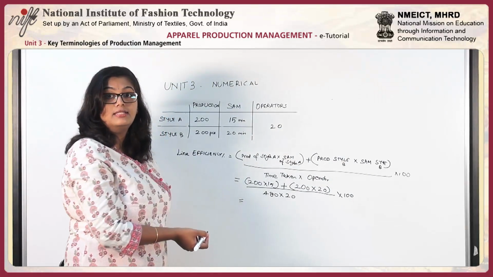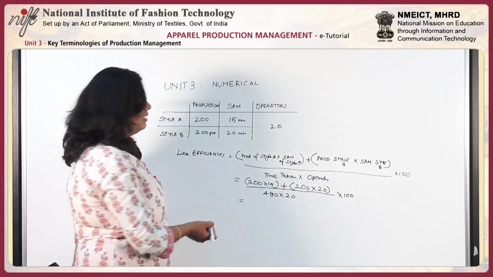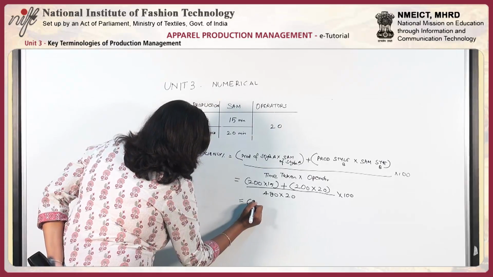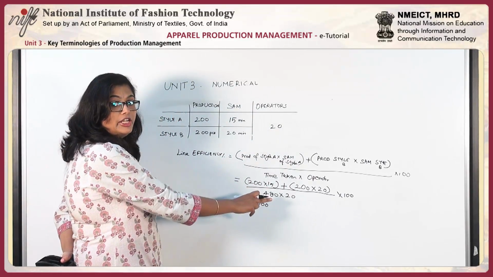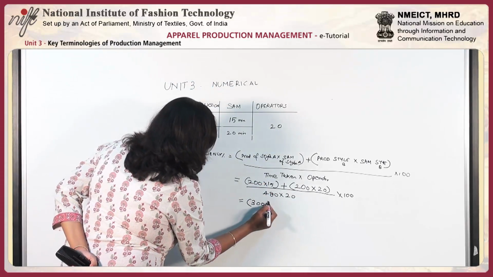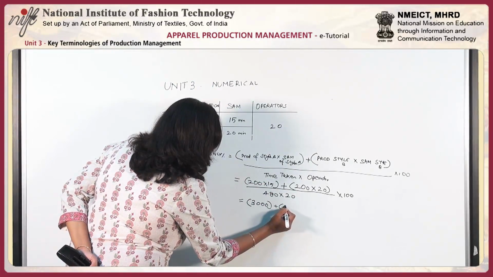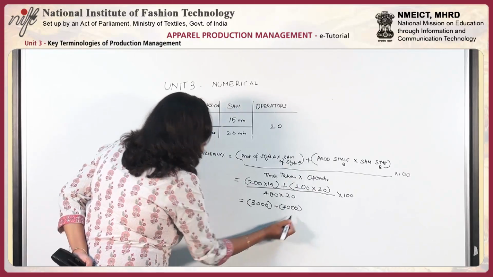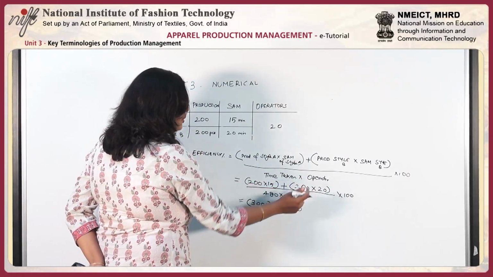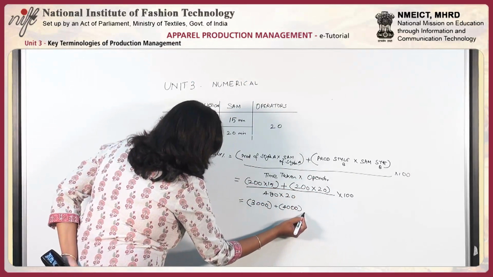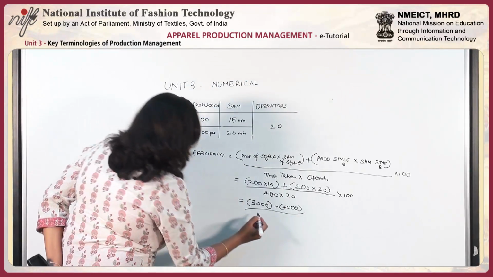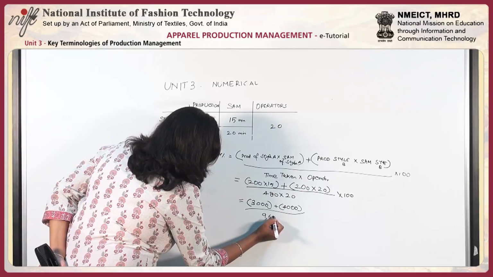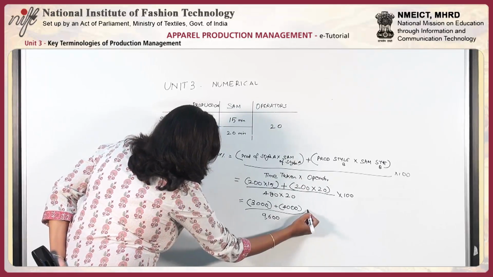If we calculate this, we would be getting 3000, which is the calculation of 200 into 15, plus 4000, which is 200 into 20, divided by 9600, into 100.